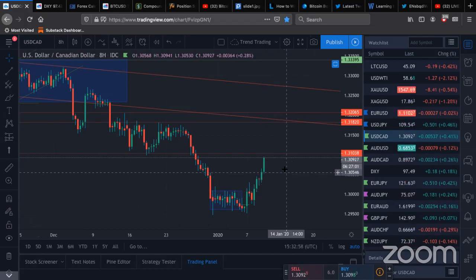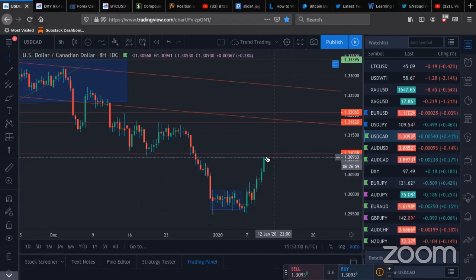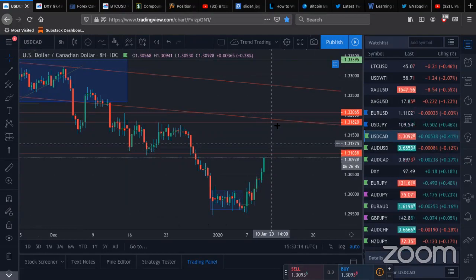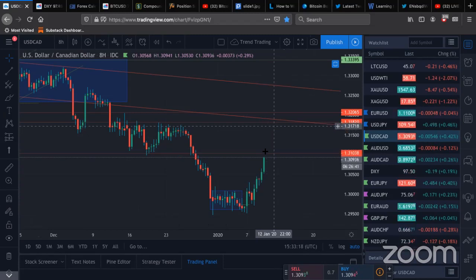Now, what happens if I never get an entry? Or what happens if I get an entry and then I'm stopped out? Or what happens if I never get an entry and we just take out this resistance? If we take out this resistance, the next thing I expect to happen is that we're going to work our way up towards here. That doesn't mean it'll be a straight line.